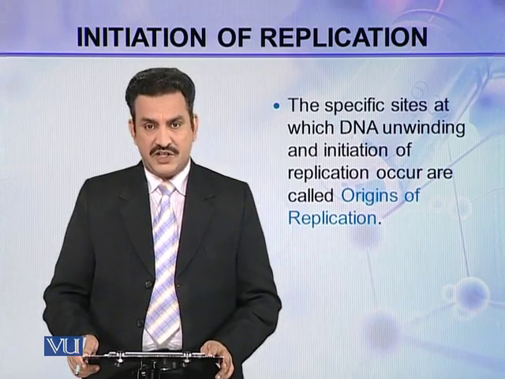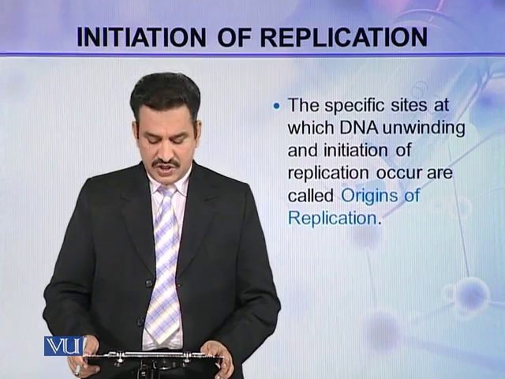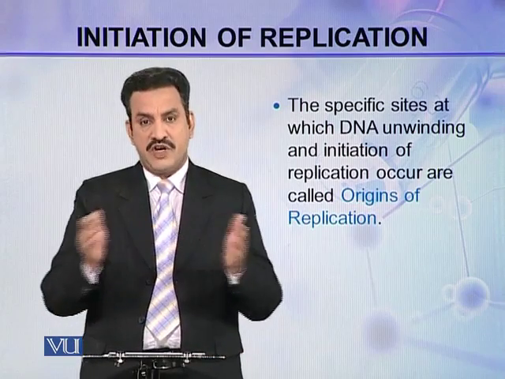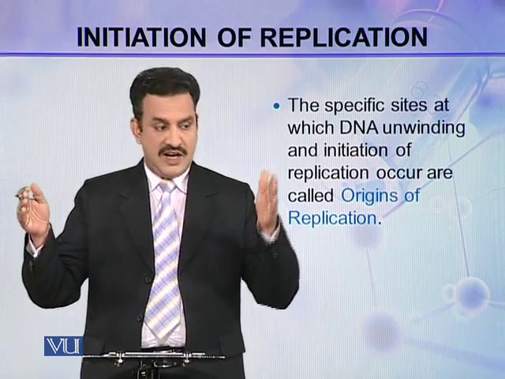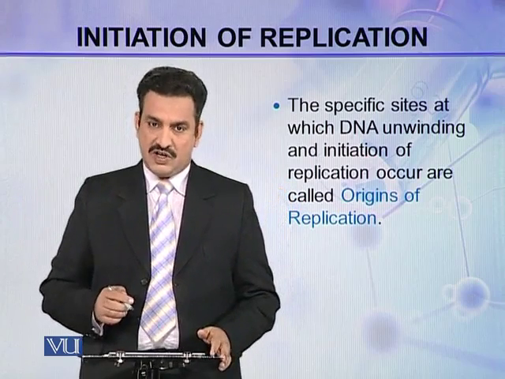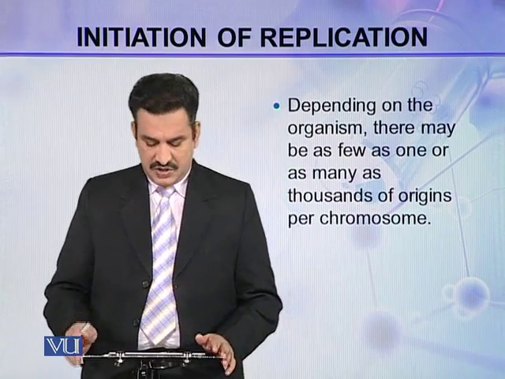The specific sites at which DNA unwinding and initiation of replication occur are called origins of replication, because there are many points between the ends of the DNA molecules where replication can start. So these regions are called origins of replication.